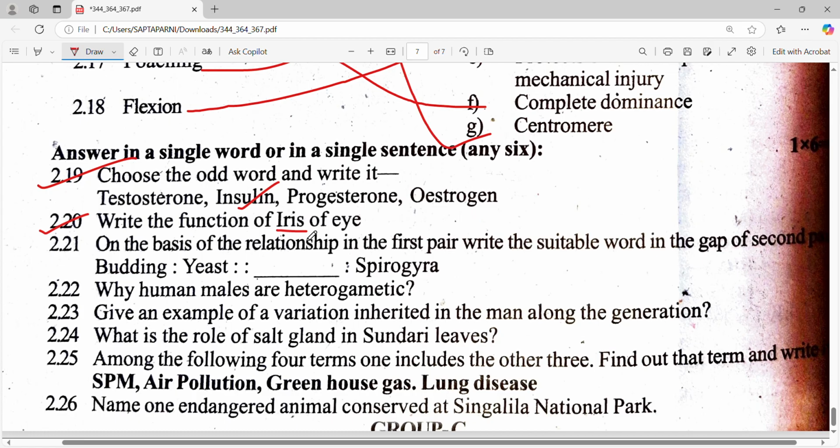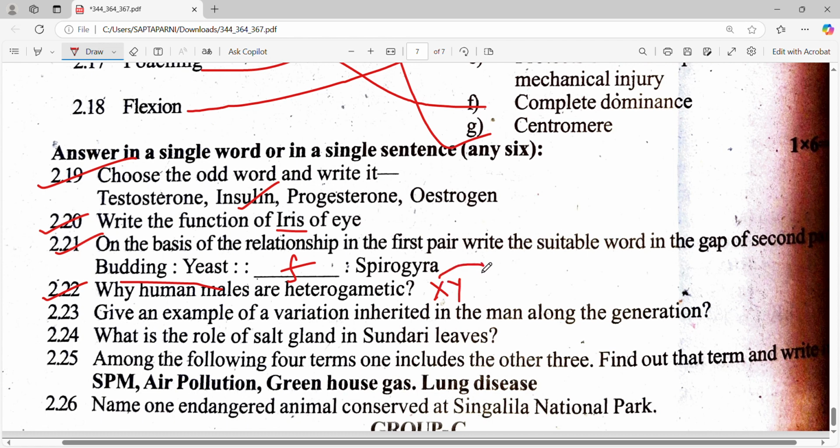Okay. Then the next question is, if budding is seen in yeast, what is seen in Spirogyra? Fragmentation is seen in Spirogyra. Okay, and that is how they do their asexual reproduction. Next, why are human males heterogametic? Because the genotype of human males has one X chromosome and one Y chromosome as their sex chromosomes.